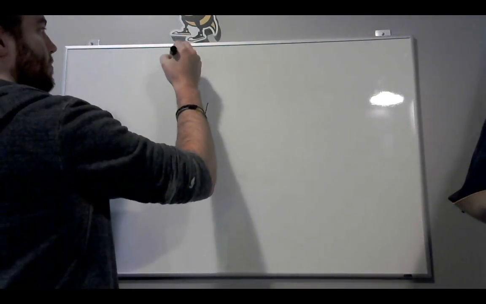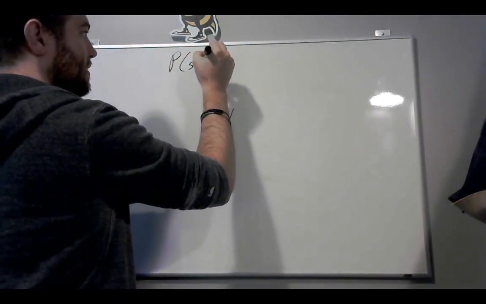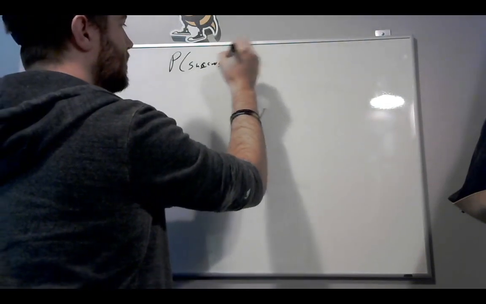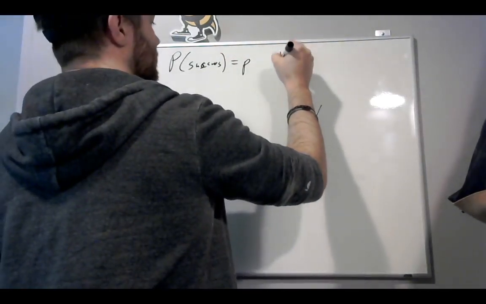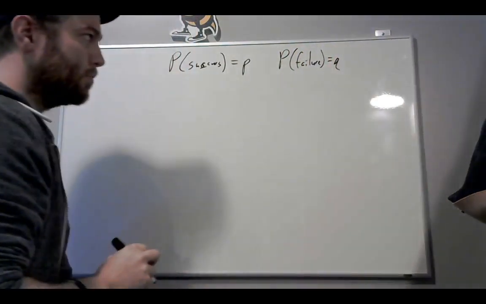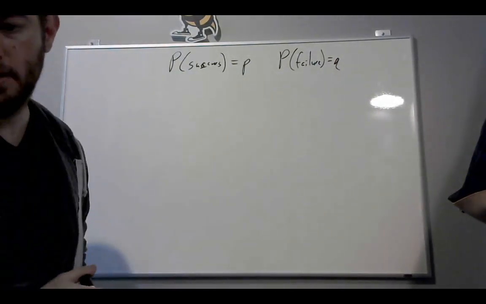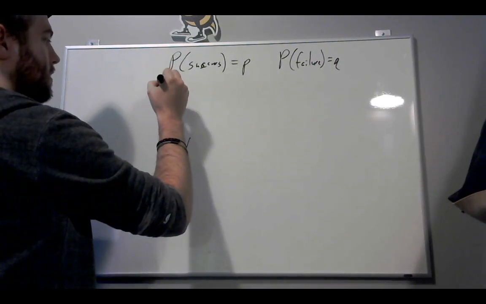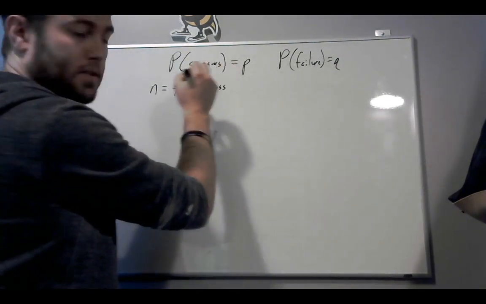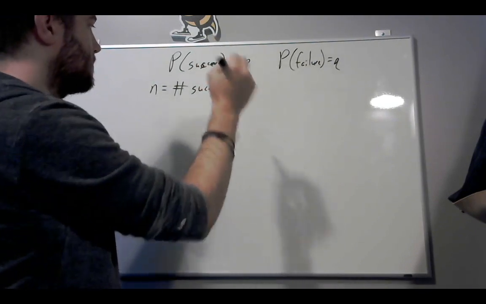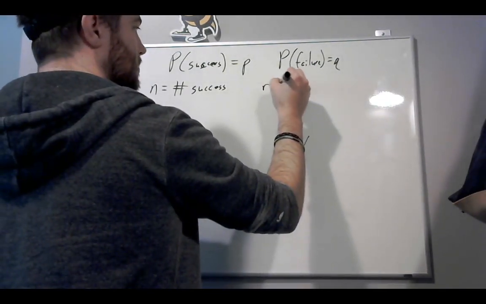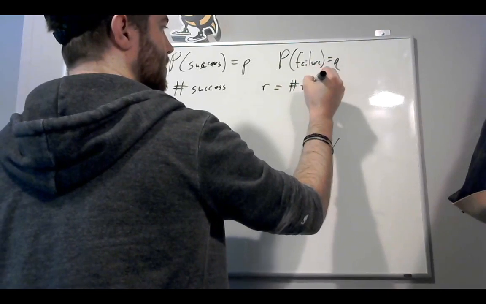The probability of something being successful is going to be P. The probability of something failing is going to be Q. Our N is going to represent the number of successes, and our R value is going to equal the number of failures.